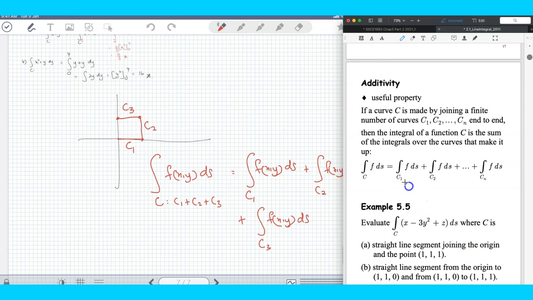That is called additivity. I'm explaining the additivity property.